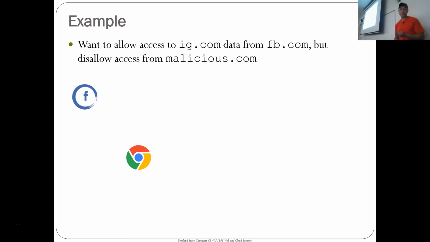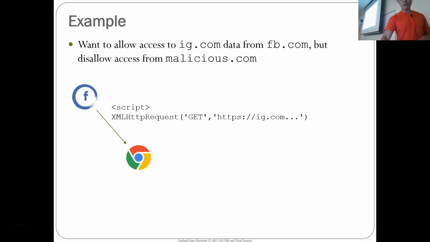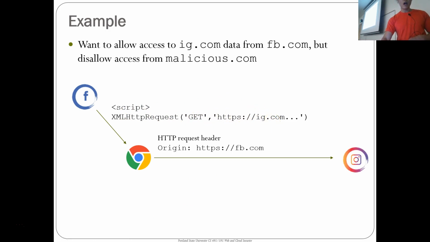Okay, so here's an example of how it works. You want to allow Instagram.com data from Facebook.com, but disallow access from malicious.com. So your browser visits Facebook. Within Facebook, it gets this thing that says, send a request to Instagram.com for the contacts, for example.